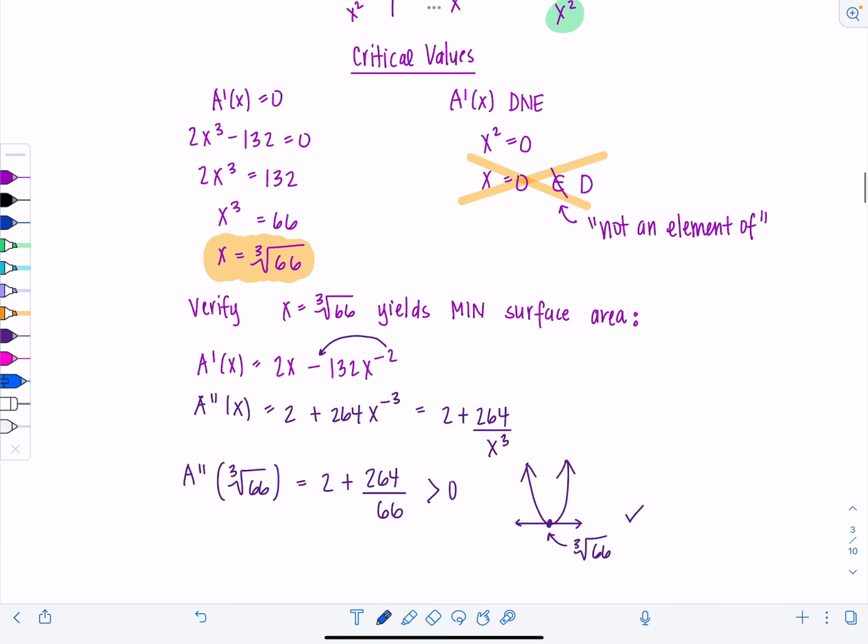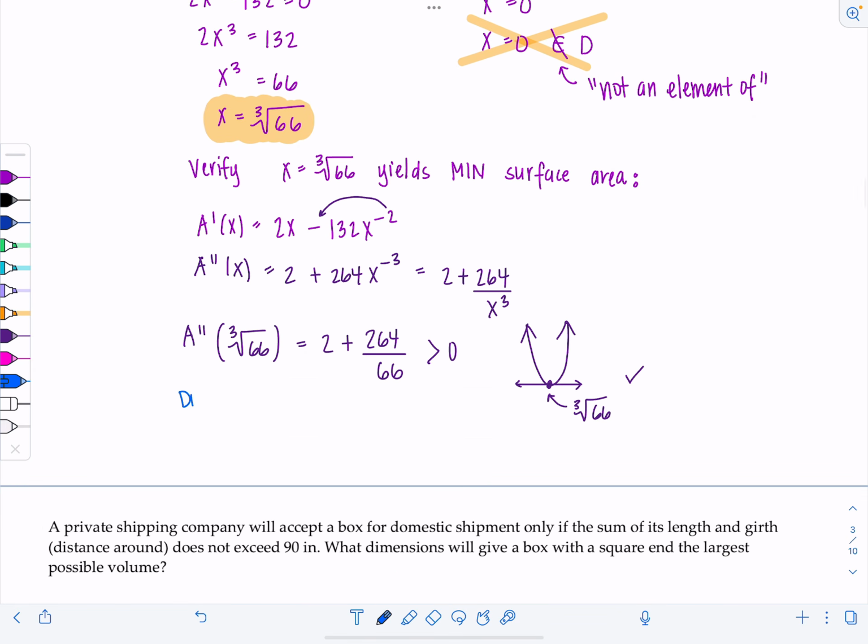Okay, so you would say the dimensions are cube root of 66 feet by cube root of 66 feet by 33 over cube root of 66 squared feet.